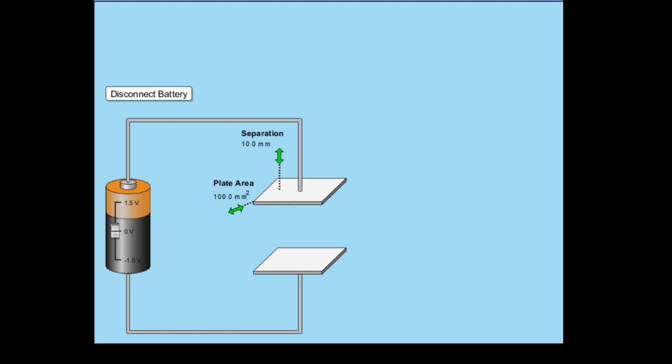So let us see what the capacitance of this capacitor is. When the area is 100 millimeter square, the capacitance is 0.89 into 10 to the power minus 13 farad.